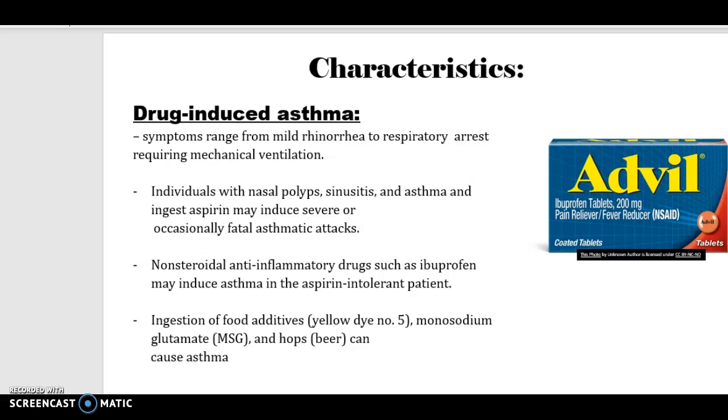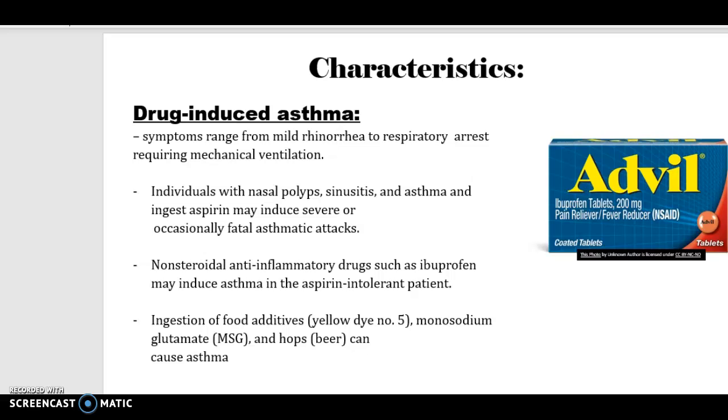Drug-induced asthma ranges from mild rhinorrhea, which is your typical runny nose, to respiratory arrest requiring mechanical ventilation. I find it interesting that non-steroidal anti-inflammatory drugs such as ibuprofen may induce asthma in the aspirin-intolerant patient.